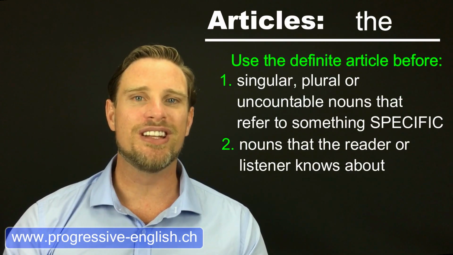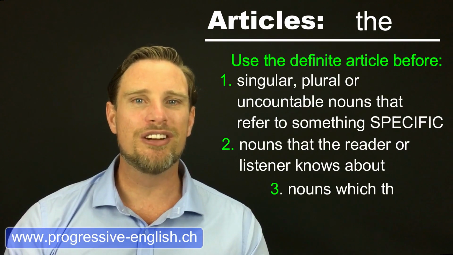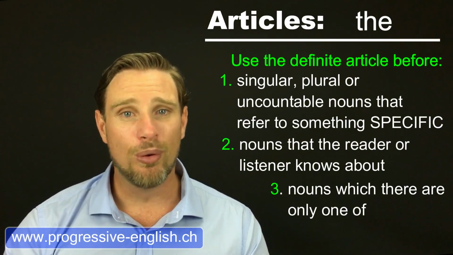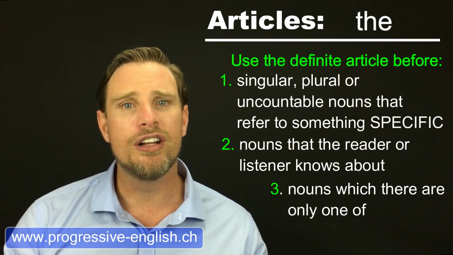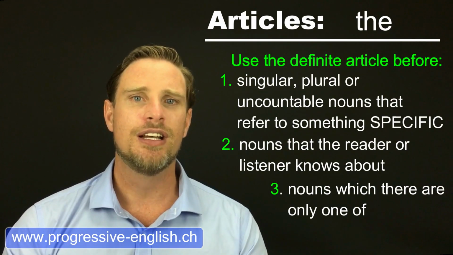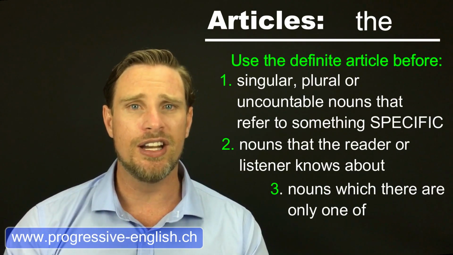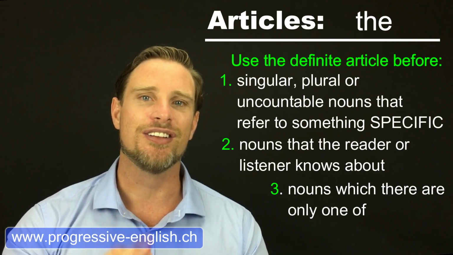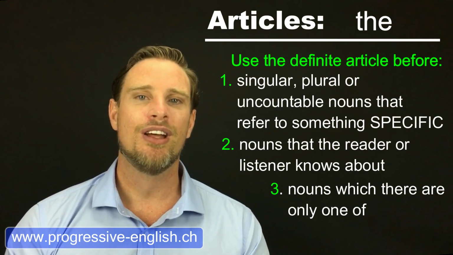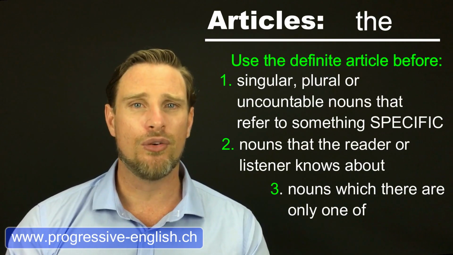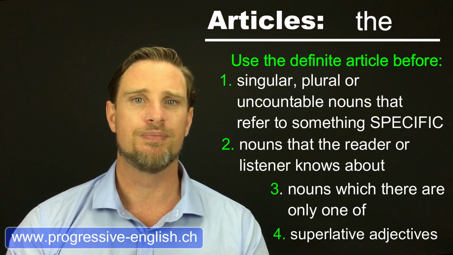And rule 3 with the definite article. Use it when there is only one of something. I was born in the 80s. The 80s means between 1980 and 1989, the 1980s, and there is only one 1980s, so we use "the". Now rule 3 also covers the next rule, which is we use "the" before superlative adjectives.